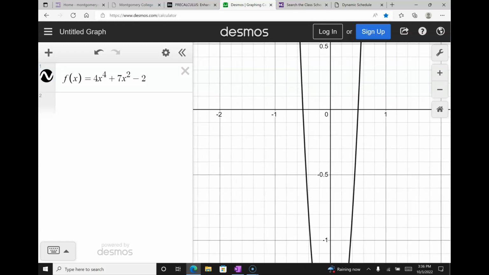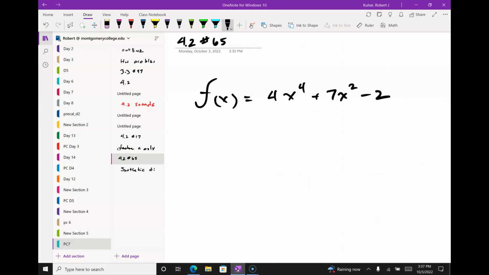Oh yeah, now watch this. Desmos is kind of sweet. I can just hover on the 0 and it tells me the x value. So 1/2. We agree? 1/2? So 1/2 is a 0.